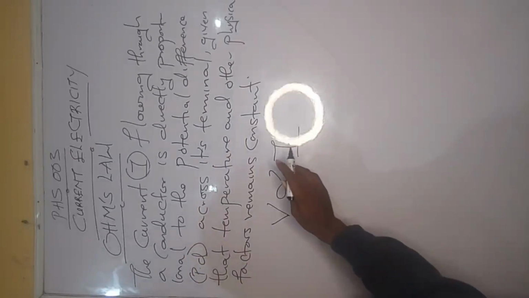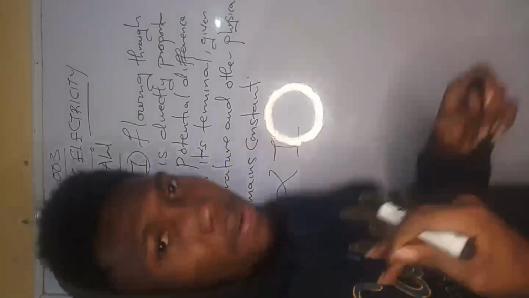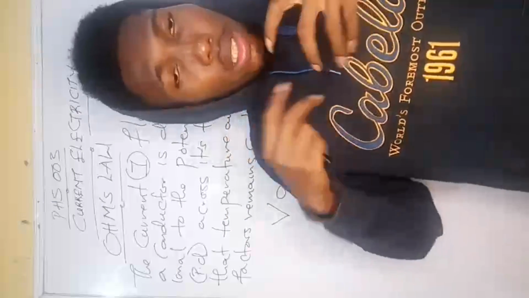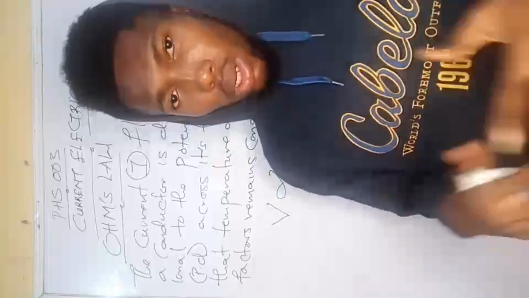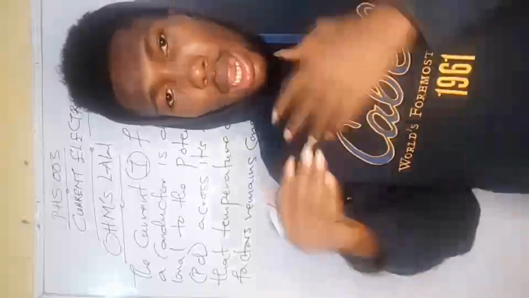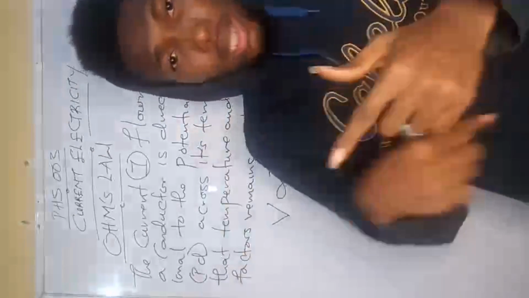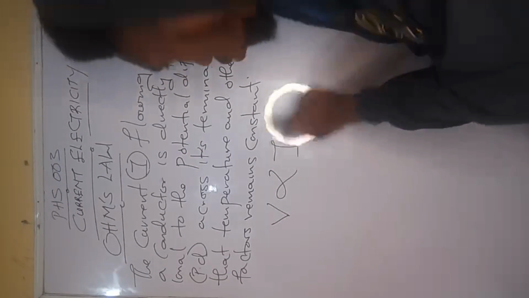Okay, so we can bring in our constant, which is R. Since R is a constant that affects the current flowing through it, because resistance is the opposition to the flow of current, every metallic conductor is going to possess its own resistance, and that's what we call R. So R is our resistance to the current in that metallic conductor. We bring in the constant at this side, and our constant is going to be the resistance.